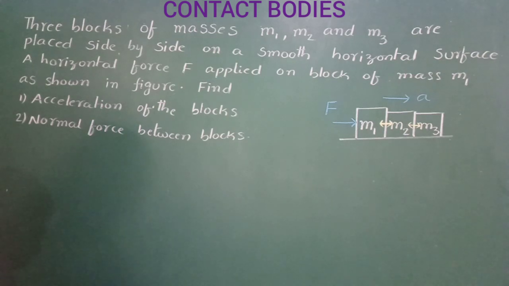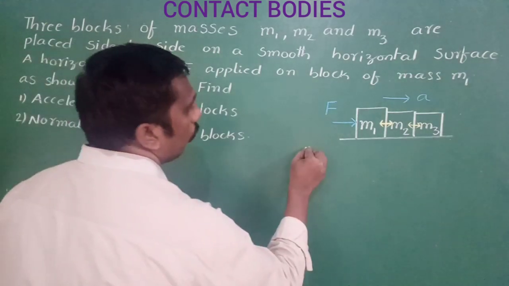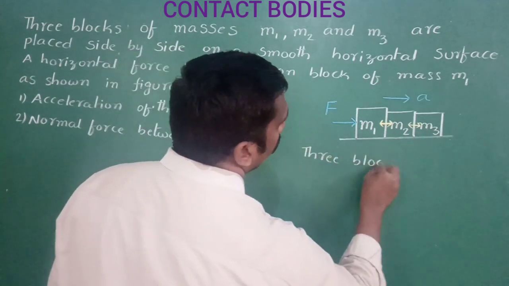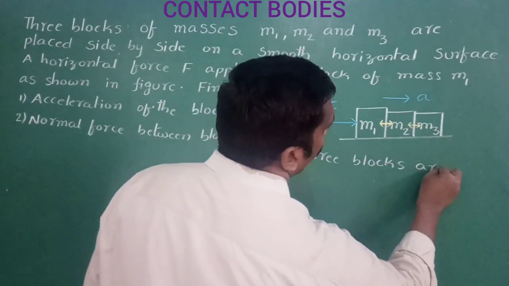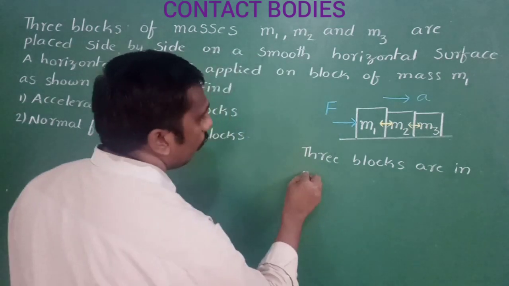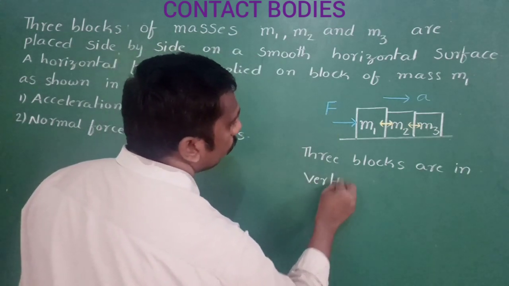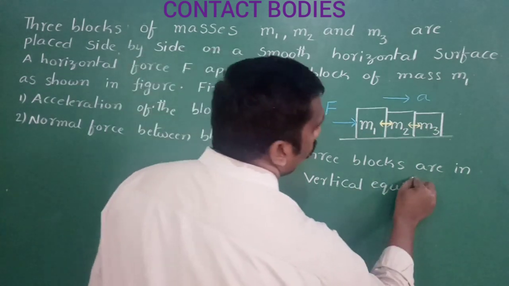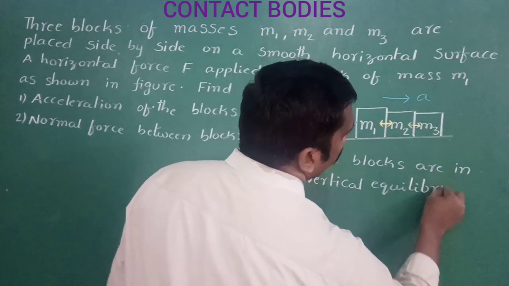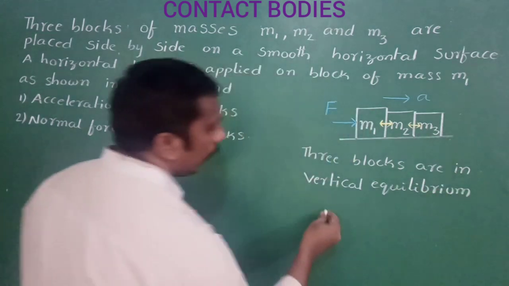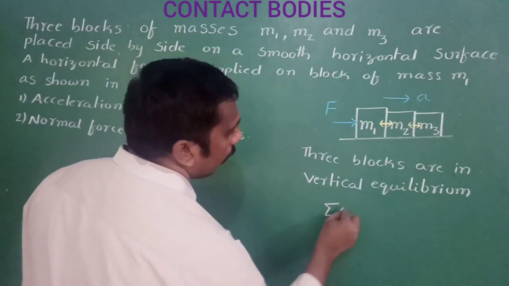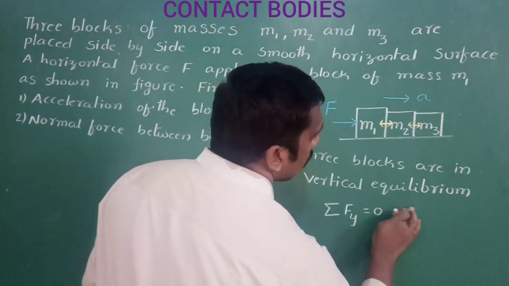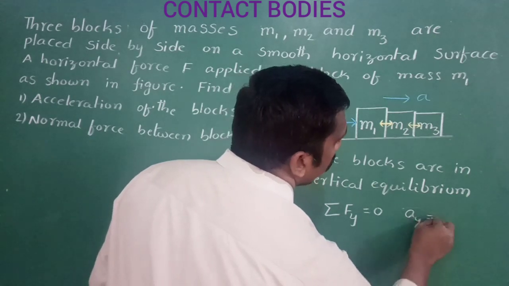Here three blocks are in vertical equilibrium. Equilibrium means net force along the y direction is equal to 0 and net acceleration along y direction is equal to 0.